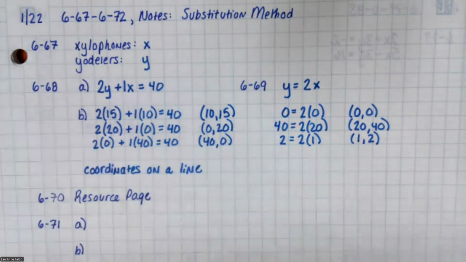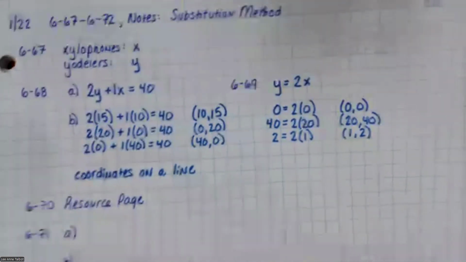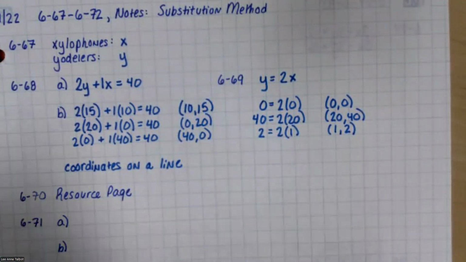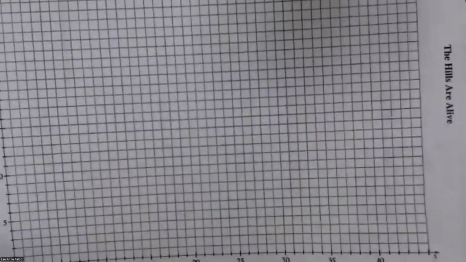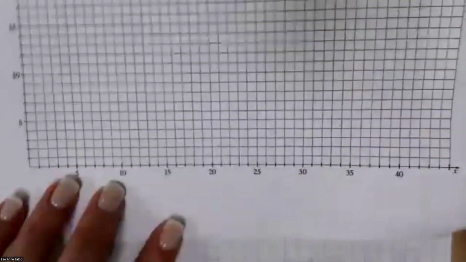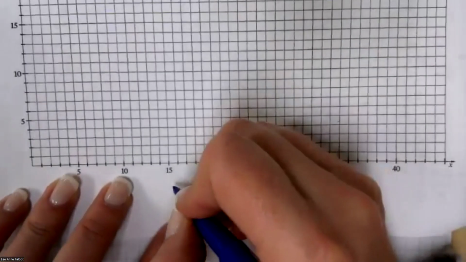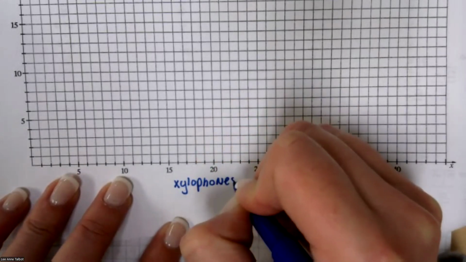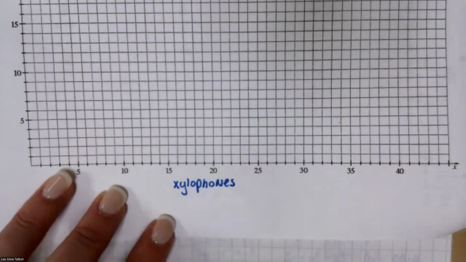Okay. So find your big graph. Where's mine? Oh, here it is. Okay. And what I want you to do is take the X down here and label that xylophone.